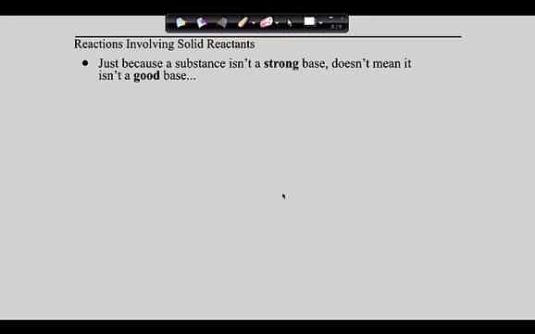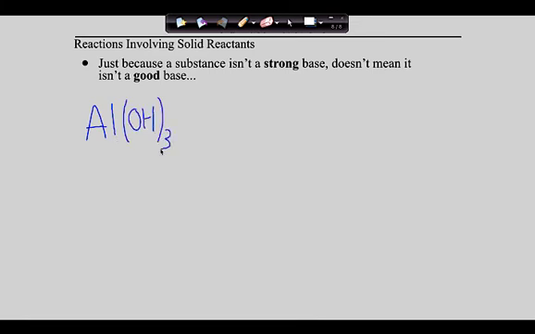So guys, let's talk. In order for this to make sense, you've got to remember what strong means. It means completely ionizes in water. And guys, here's the deal. Let me show you an example. Write this down with me. Aluminum hydroxide.